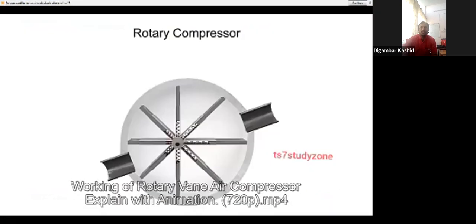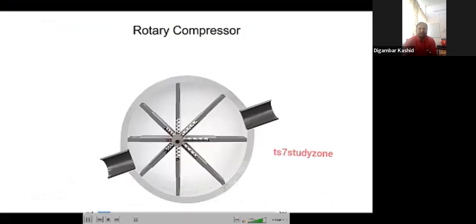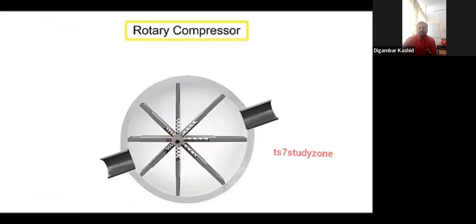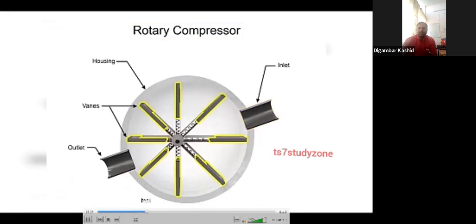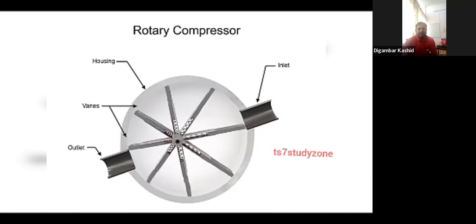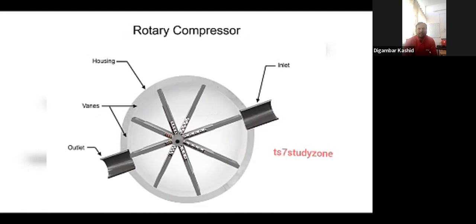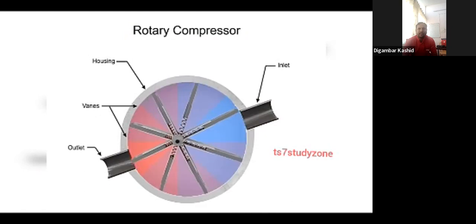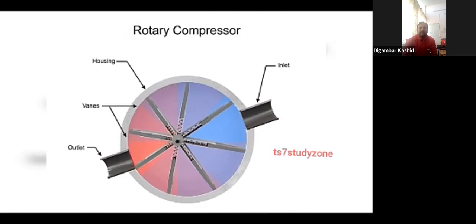Made with vanes or impellers. These types of compressors are called rotary compressors. Rotary compressor and inlet off-center drive rotor. The vanes slide in and out to maintain contact with the cylindrical compressor wall. As they do, they create chambers within the cylinder of varying sizes.